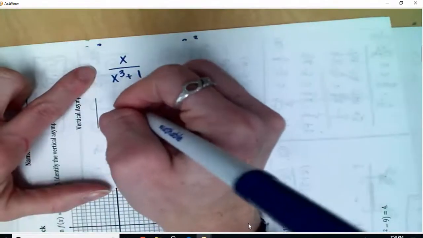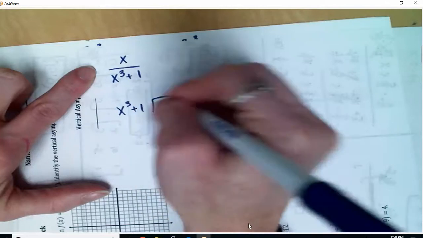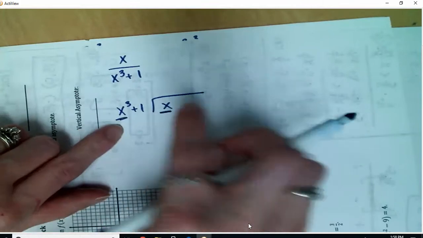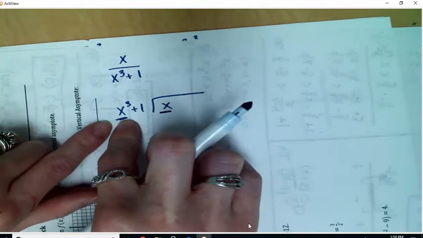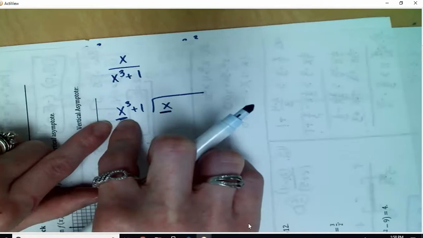If you were to do long division, when you divide x by x cubed, do you get a whole number? You have more x's on the bottom, right? It doesn't work out nicely. So you have 0. It doesn't go in evenly at all.